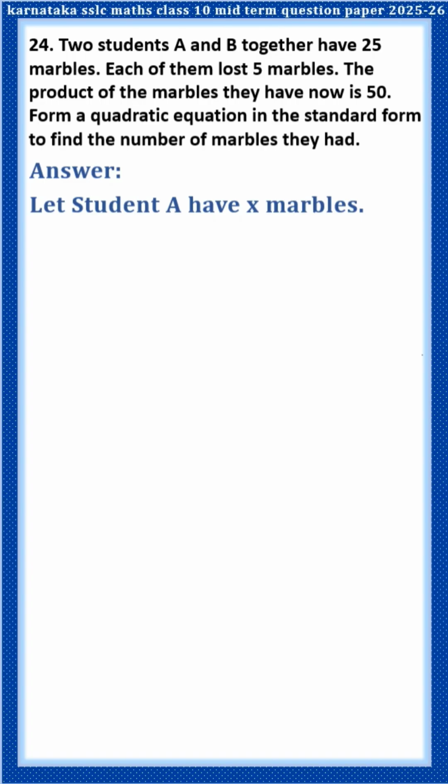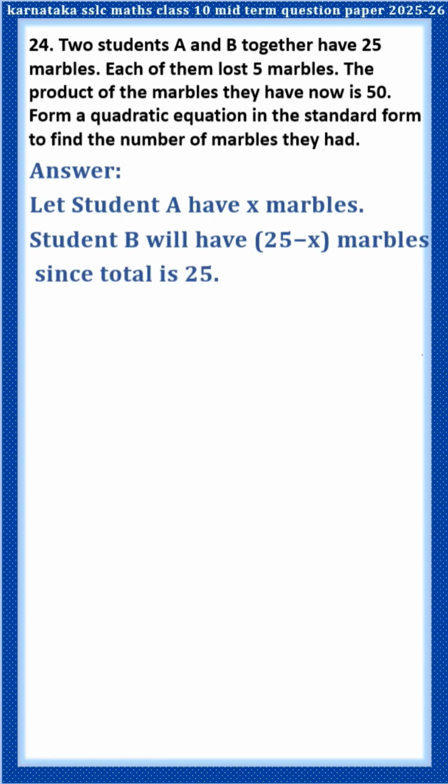If X plus B's number, let it be B only, is equal to 25, so B is equal to 25 minus X. So the number of marbles B has is 25 minus X marbles. Why? Since the total is 25.